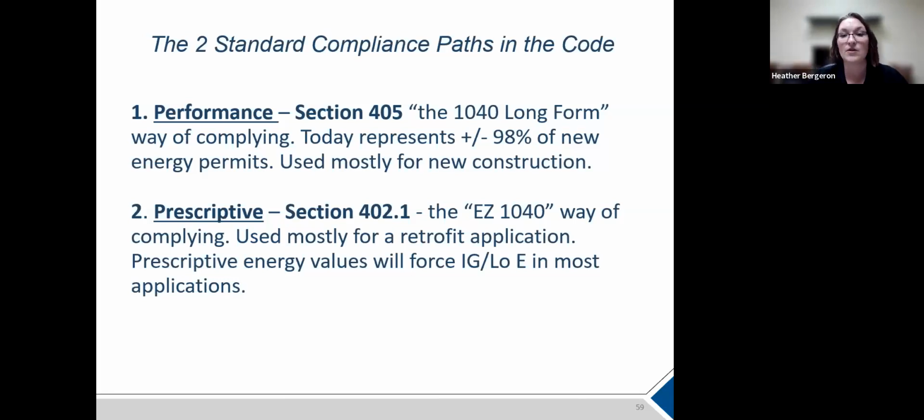So this is a way to comply. Today that represents plus or minus about 98% of new energy permits, so that's mostly used for new construction. Or maybe you're taking the prescriptive path, which is the easy 1040 way of complying, and this is mostly used for retrofit applications. The prescriptive energy value will force that IG or low-E in most applications.